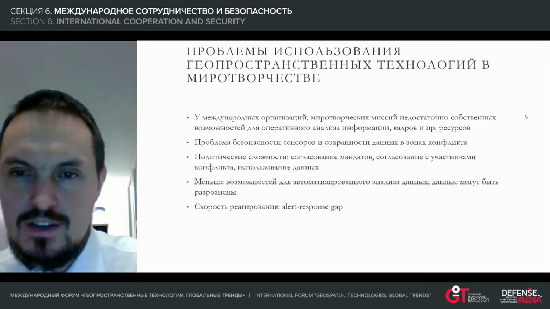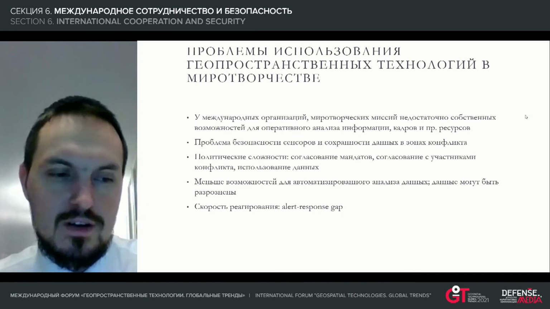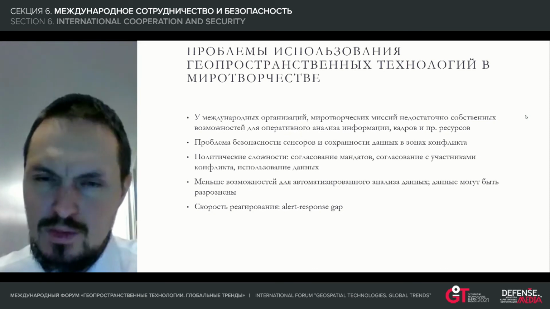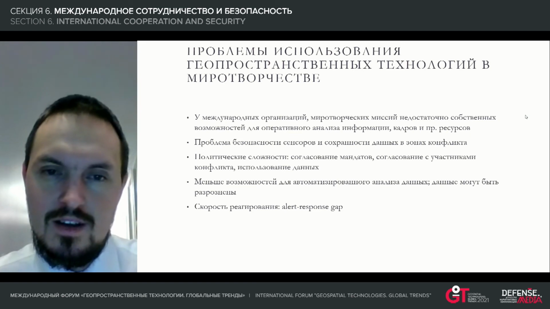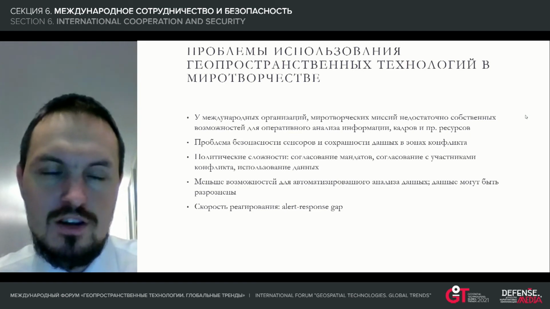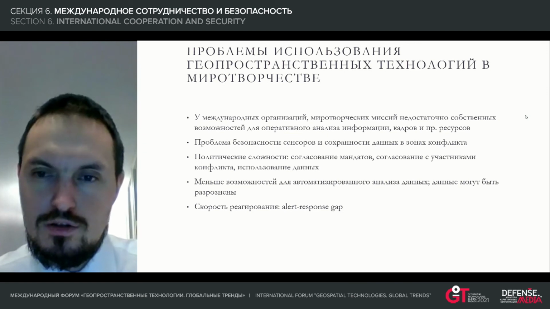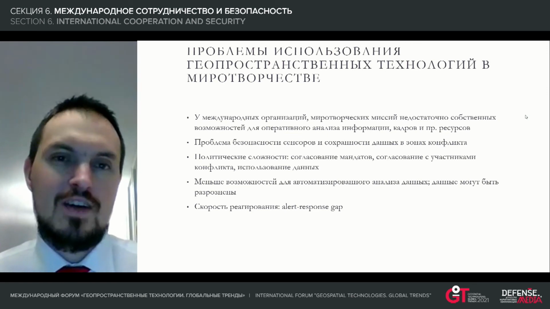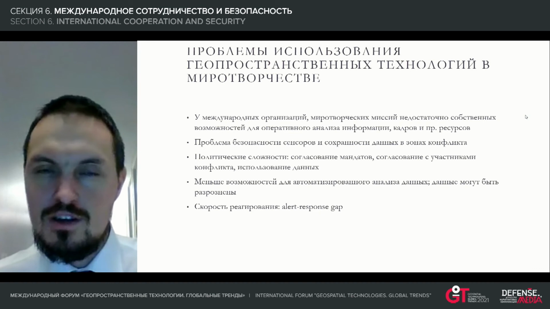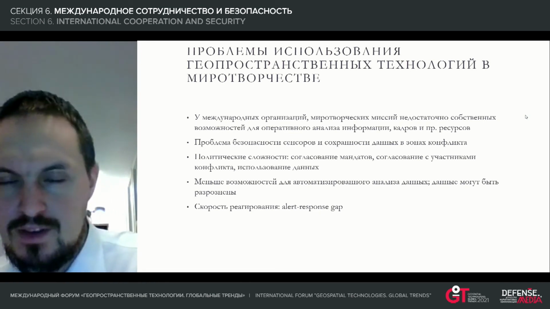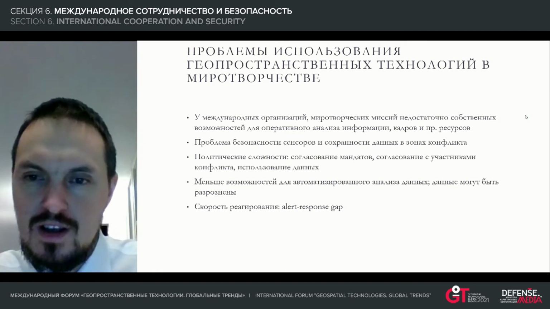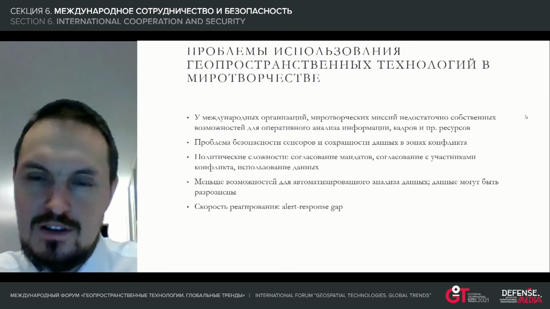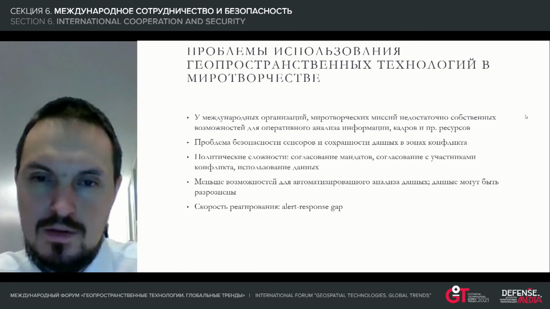There is a problem of sensor security and data preservation in conflict areas, which was seen in Donbass when some unmanned flying vehicles of the OSCE were shut down. In some other areas similar things happen, and there are practical complexities. There is the stage of reconciliation of mandates, what kind of platforms can be used, and reconciliation with participants.